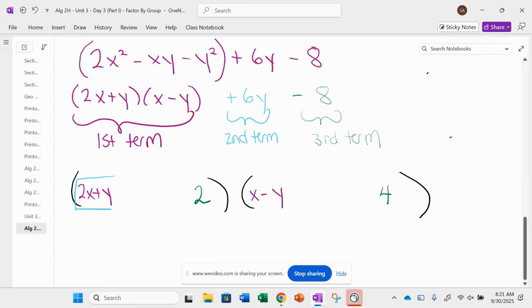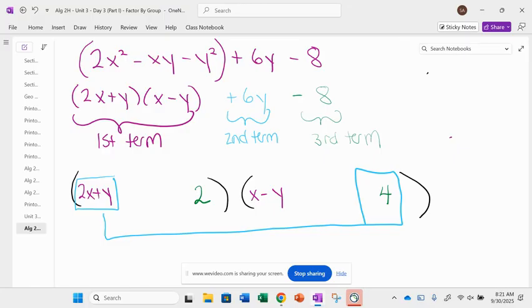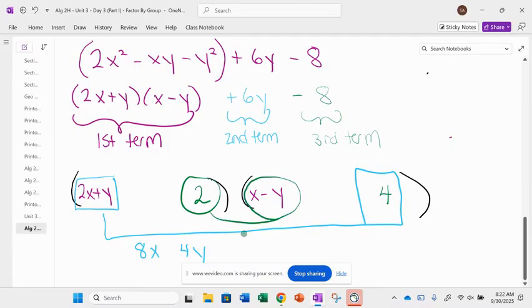We're going to have a 2x plus y times 4. Remember, you multiply the outers and you multiply the inners to check the middle. So 2x plus y times 4 gives us 8x and 4y. And then we check the inners. 2 times x is a 2x. 2 times y is a 2y. I didn't put any signs.